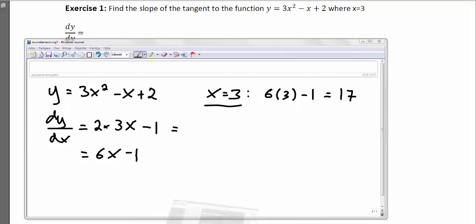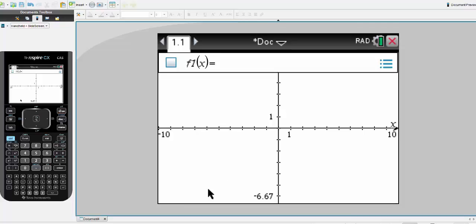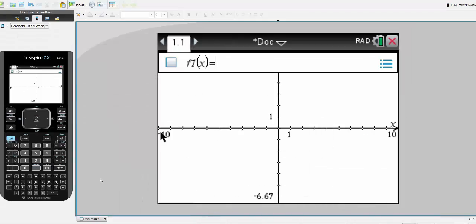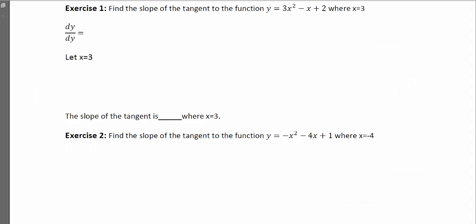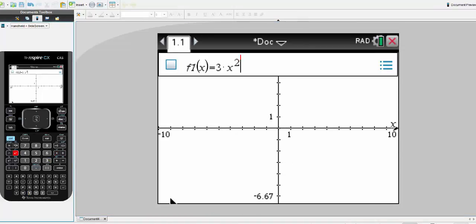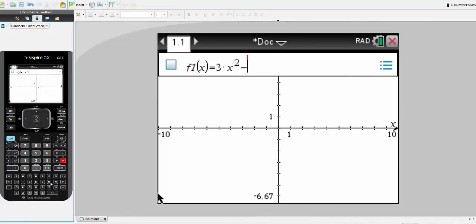So let's have a look at the calculator just to check. I'm going to open up a graphs page and then type 3x squared minus x plus 2, 3 times x squared minus x plus 2. This is how it looks.